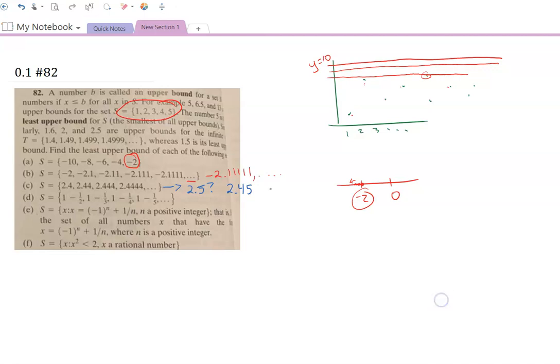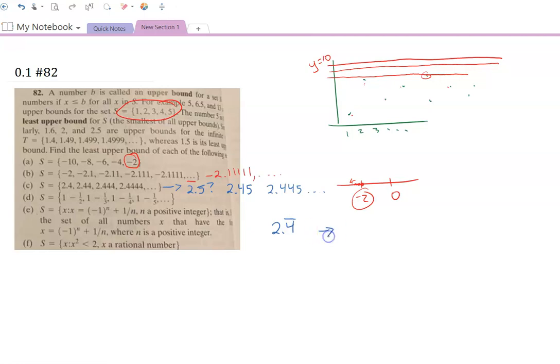And then we'll say, well, so is 2.445, okay? And we can see that we run into a problem where we could keep doing that forever, all right? So the best option here is to figure out how to represent the highest number in this set. And the highest number in this set is going to be 2.4 repeating, okay?